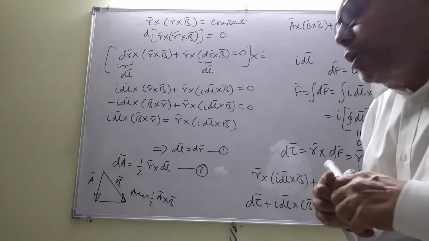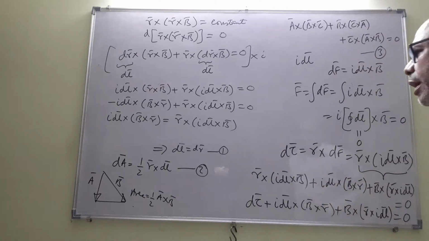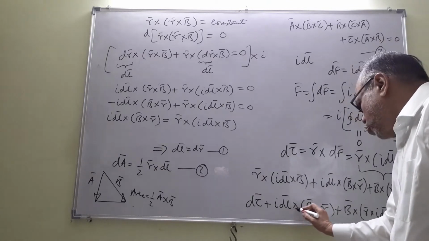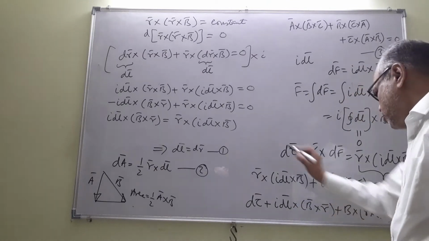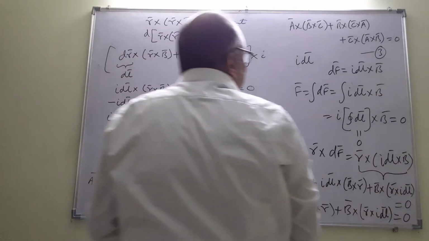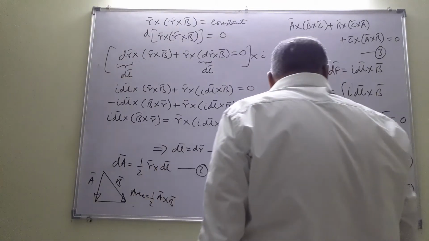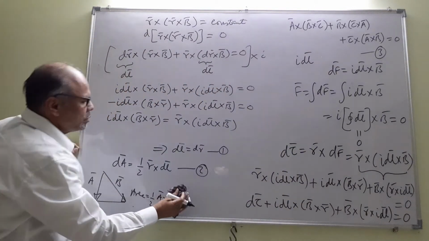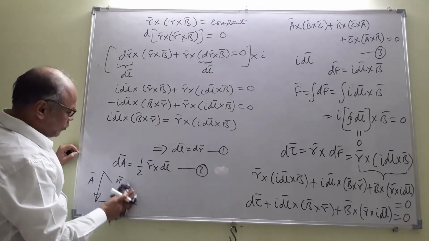Yes, there was a power failure. Now I will replace I dL cross B cross R by this term. So what does that become? We shall remember these two expressions.